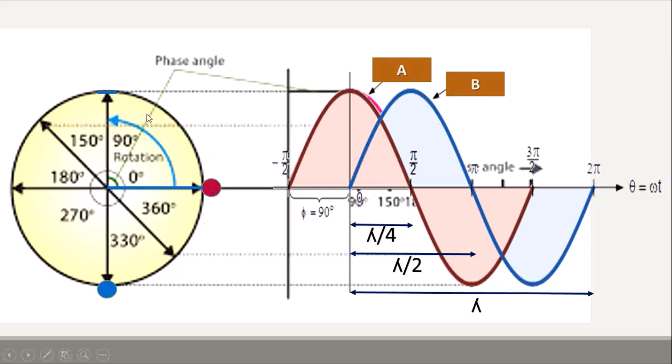If it moves on the circumference of the circle and makes one complete revolution, it also covers a 360-degree phase angle. If you plot the displacement of this particle versus time, you get a sine curve like this. So this is how we relate path difference and phase difference.